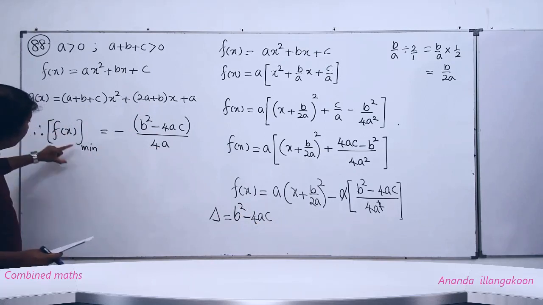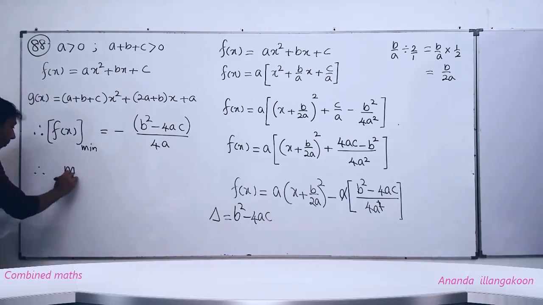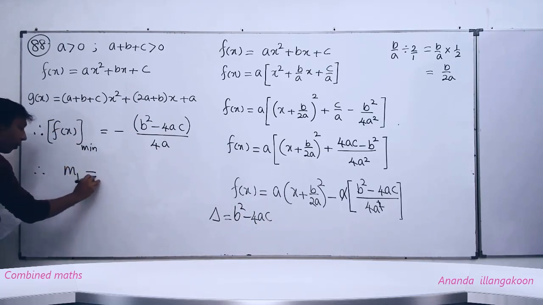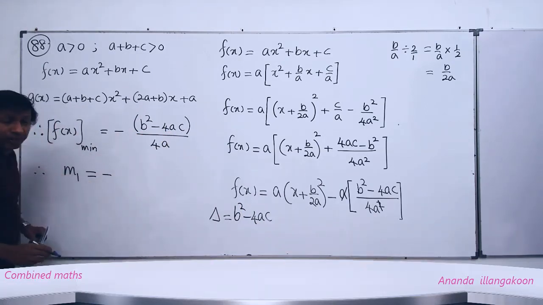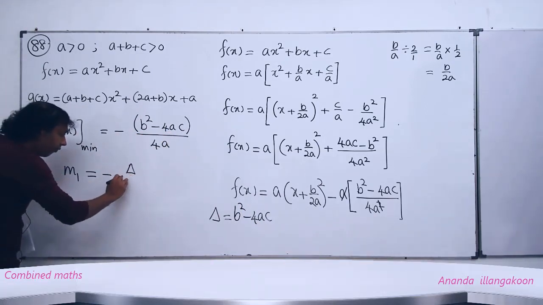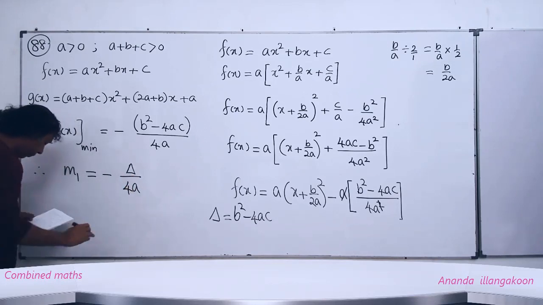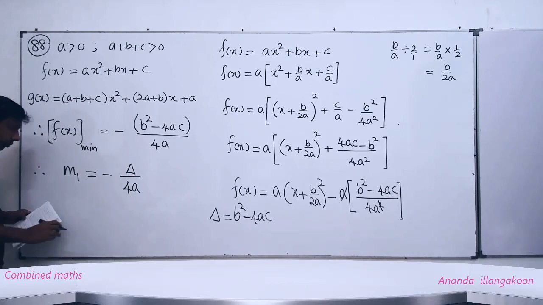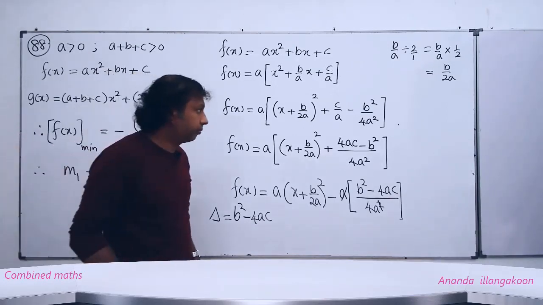So therefore, f(x) minimum, given as m1, equals minus, for this b squared minus 4ac we are given delta, delta divided by 4a. Now you got that answer too.